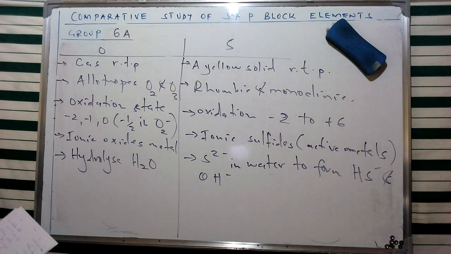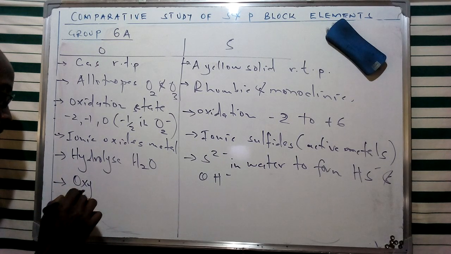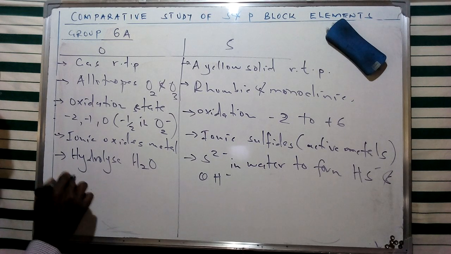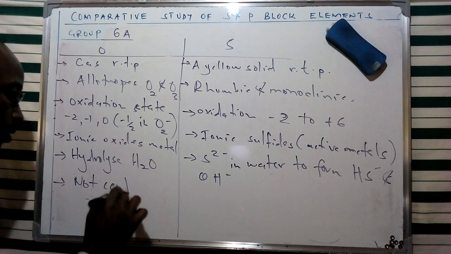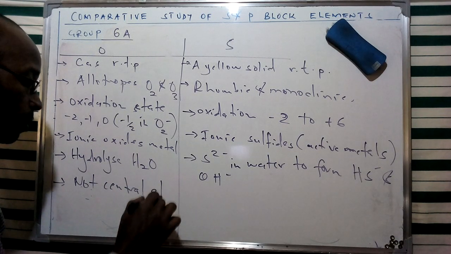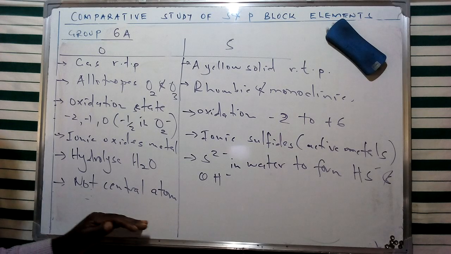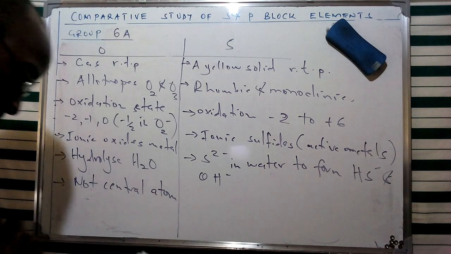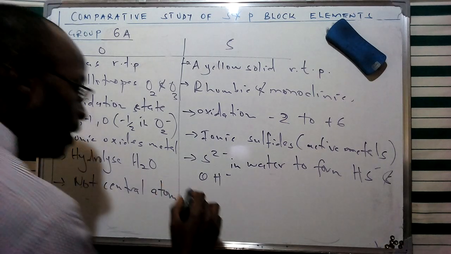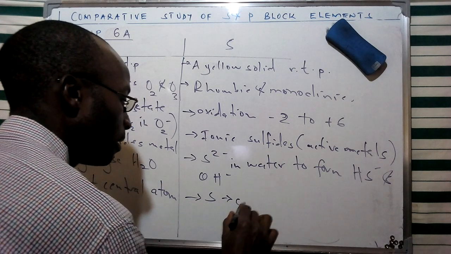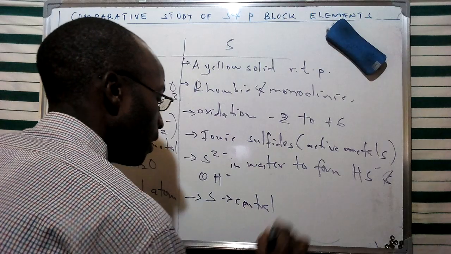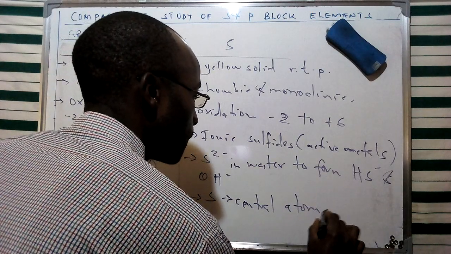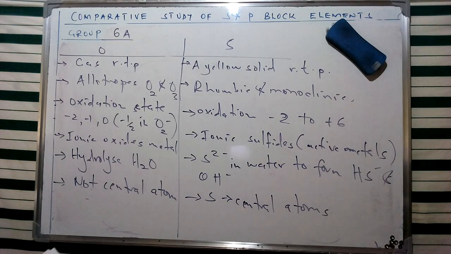In most compounds, oxygen is not going to appear as the central atom, and this will be more elaborate in our study of complex compounds. But sulfur is going to form a central atom in most of the compounds which we are going to come across, and it can accommodate structures of up to 6.